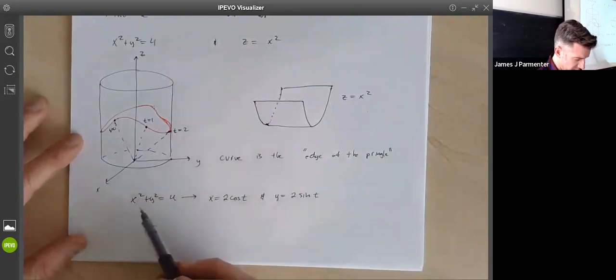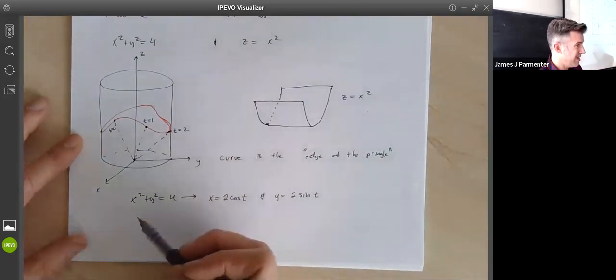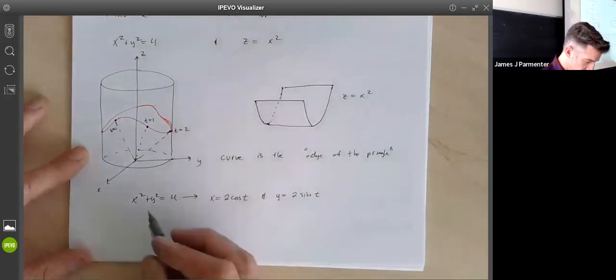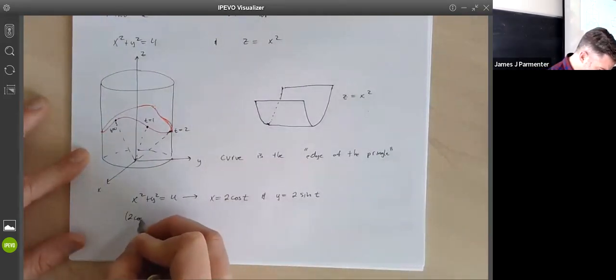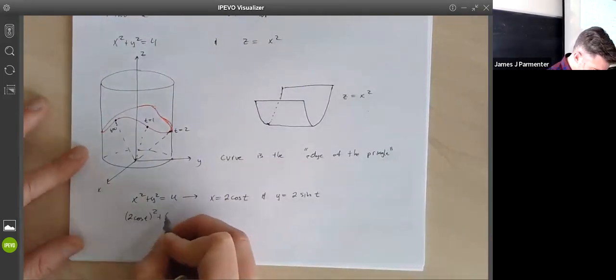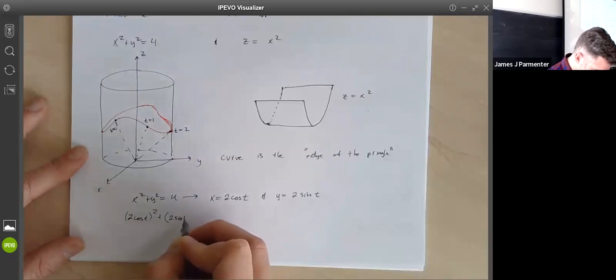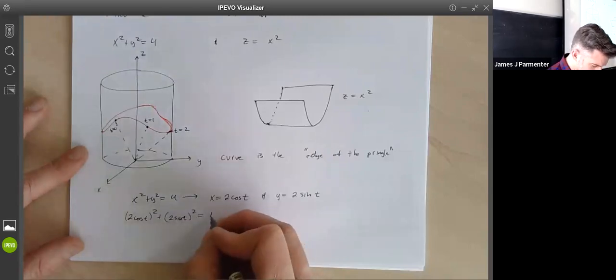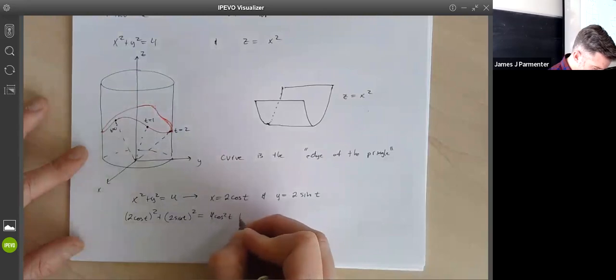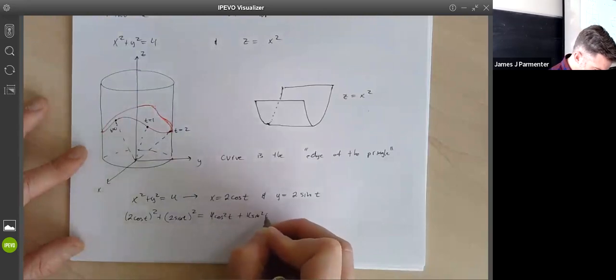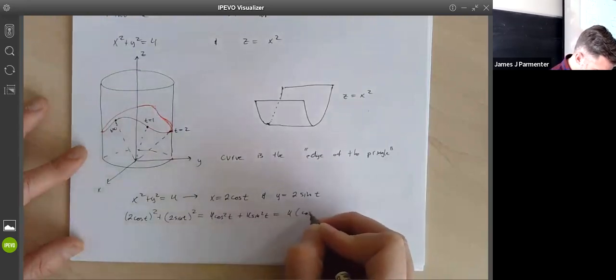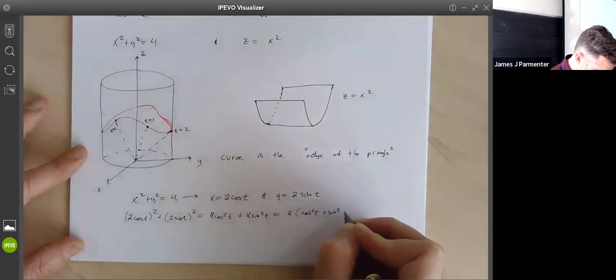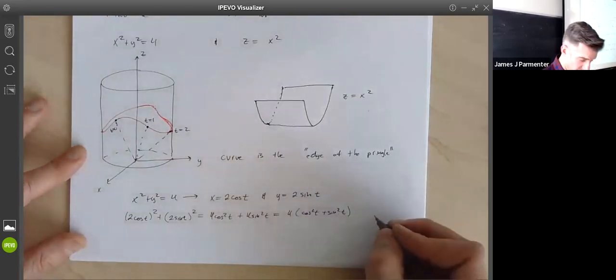The reason it works is that if you throw those into that formula, it's always true. 2 cosine t squared plus 2 sine t squared is equal to 4 cosine squared t plus 4 sine squared t. That's equal to 4 times cosine squared t plus sine squared t, but cosine squared plus sine squared is always equal to 1.